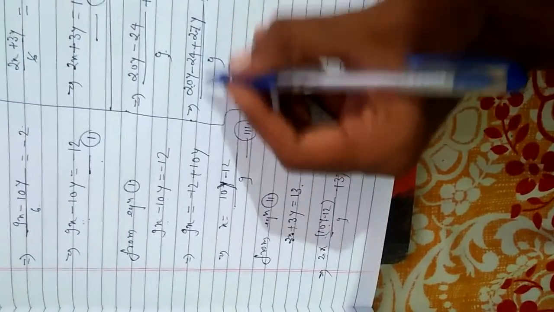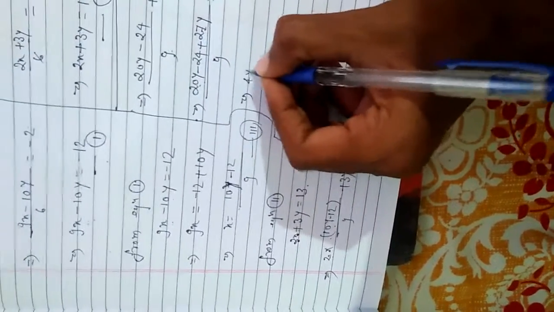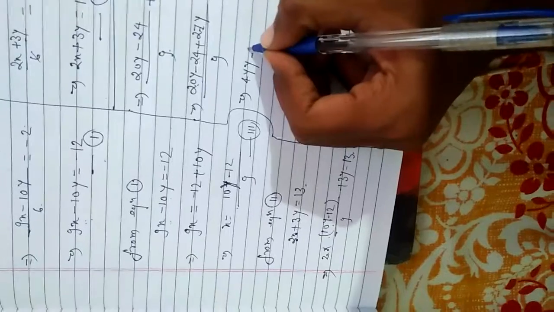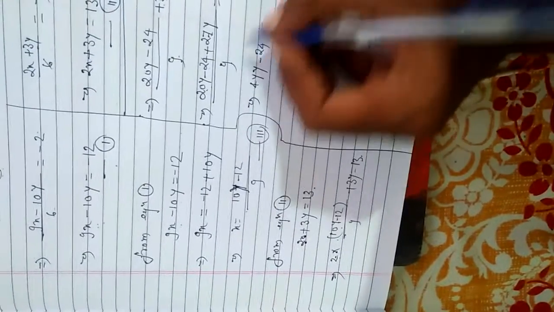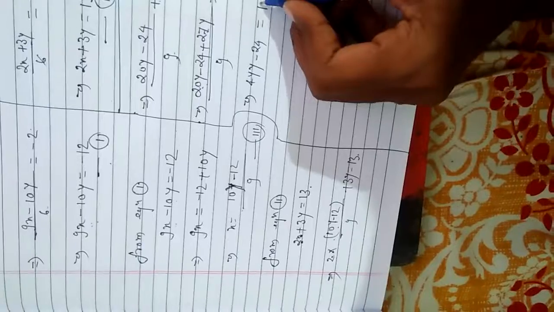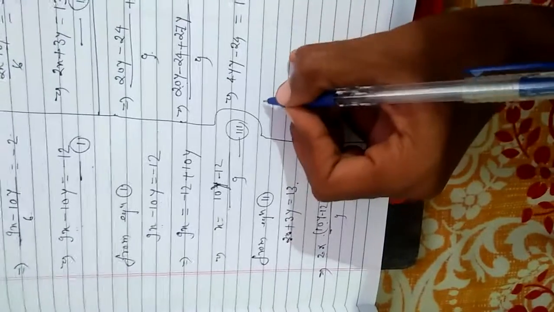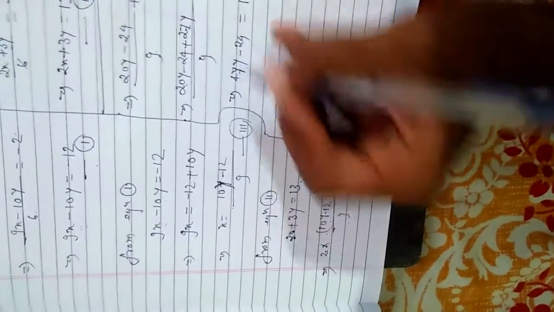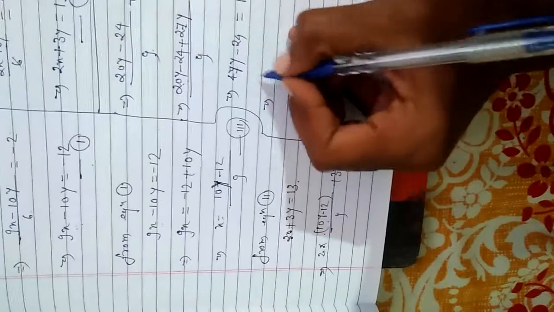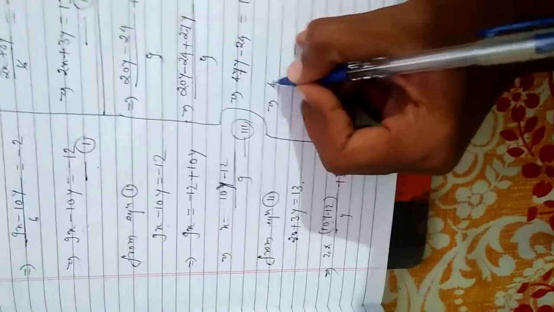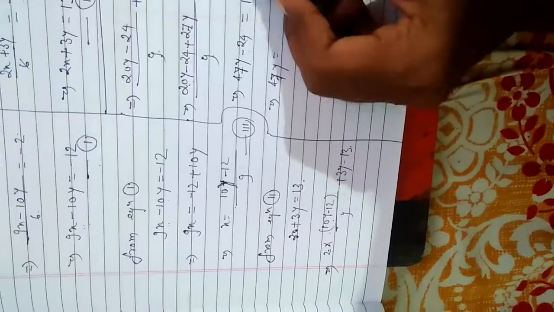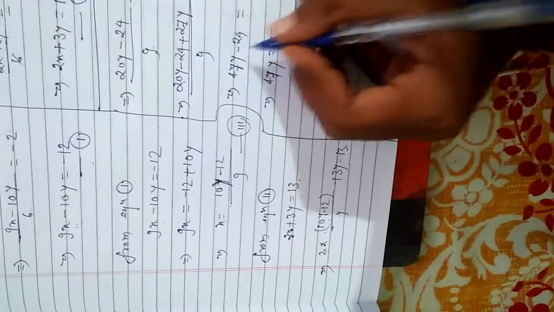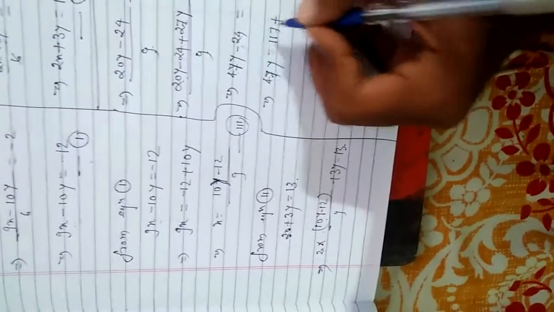So here 20y and this is 27y, that means 47y, this is minus 24 left, and this 9 is cross multiplication, so we will get 117. Okay, this is 47y. So we will pass the value of 24 here, so 47y equals 117 minus 24.